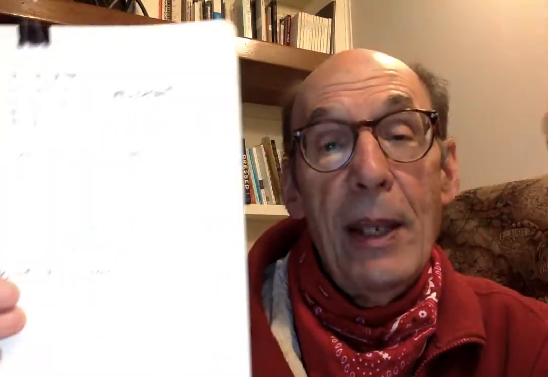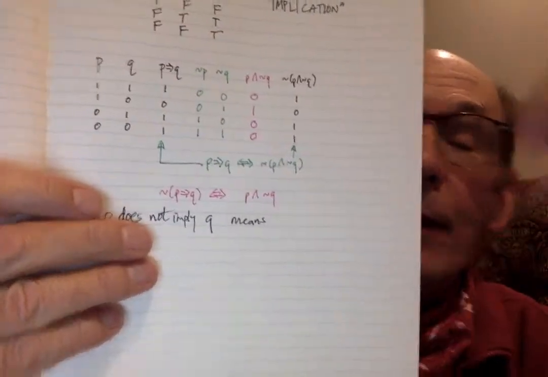Well, that's what not implies means. P doesn't imply Q. If you can find a situation where P is true and Q isn't, then P does not imply Q. So we get to understanding of implication through the negation. And so, I didn't finish writing it out, means P is true and Q isn't. That doesn't sound like implication to me at all.